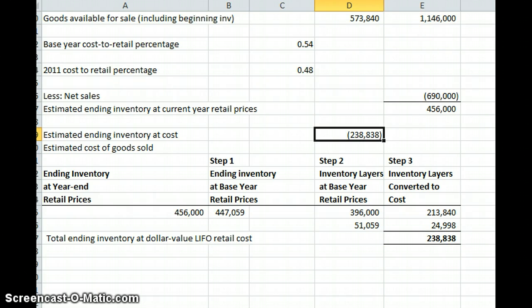Okay, and that is going to then allow us to calculate our estimated cost of goods sold, which is going to be our goods available for sale, including beginning inventory, of 573,840. We now have our conversion estimated at cost at 238,838. Our cost of goods sold, I should have done a sum there, I'm sorry, I'll do a minus.